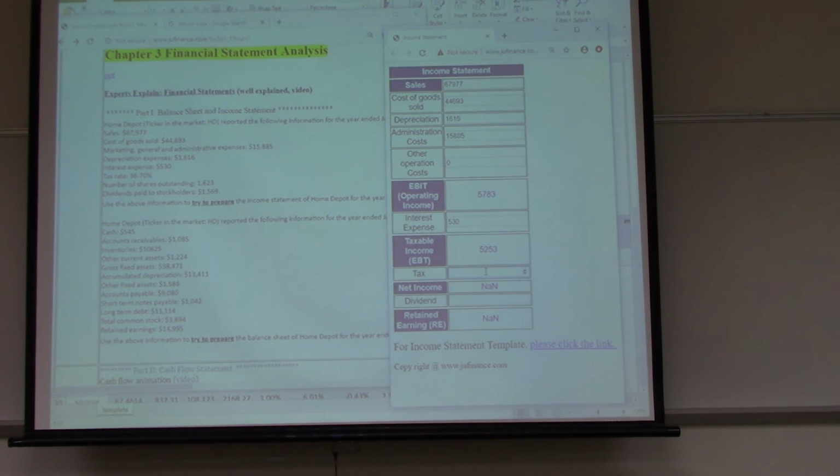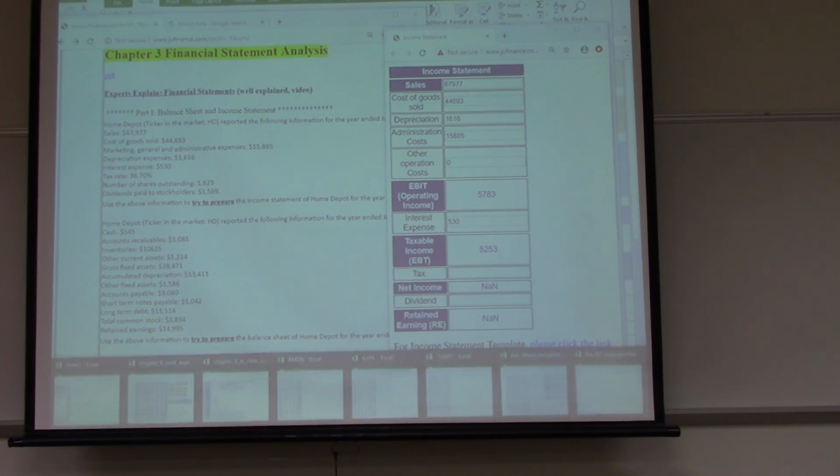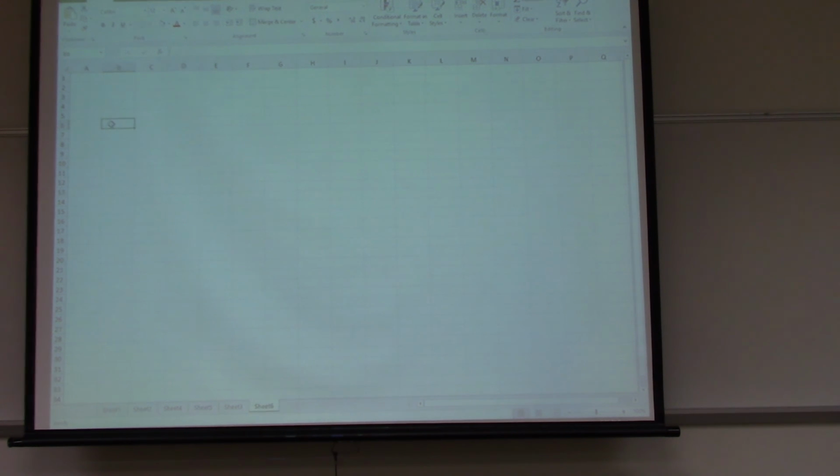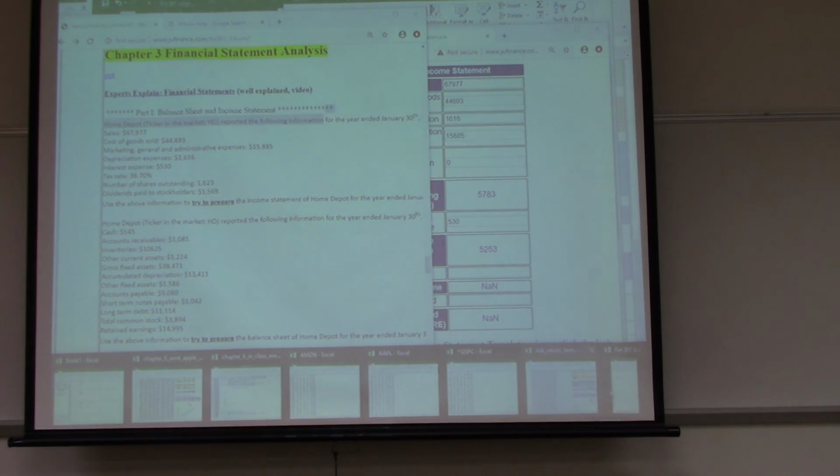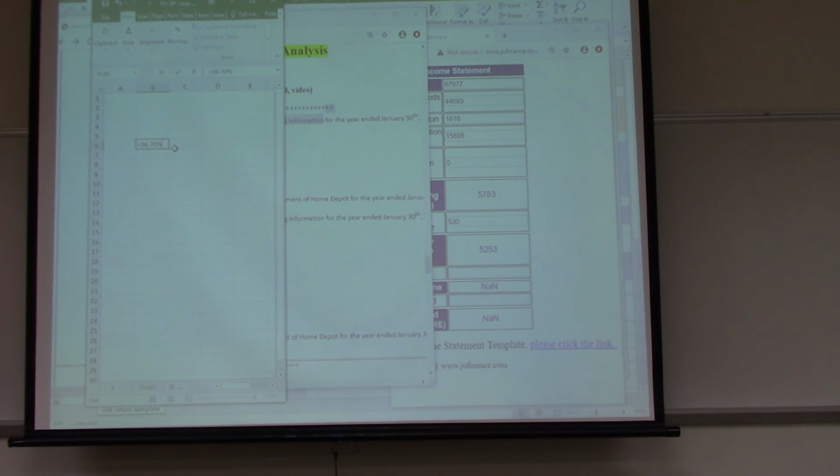The tax, is that given? If it's not given, you have to calculate it. How to calculate tax? You have taxable income. Use EBT multiplied by the tax rate. That will be the tax. If it's given, you just put the dollar amount there. 36.7% and then 5,000. 36.7% times 5253.